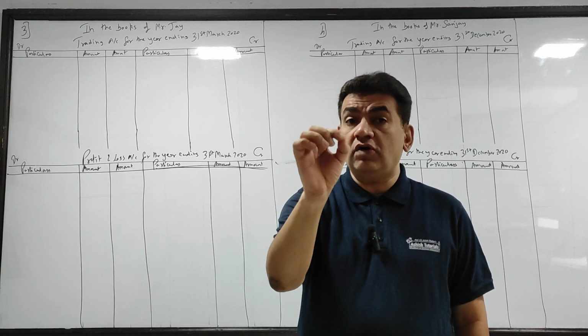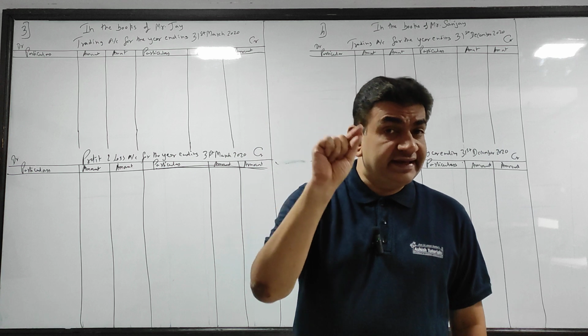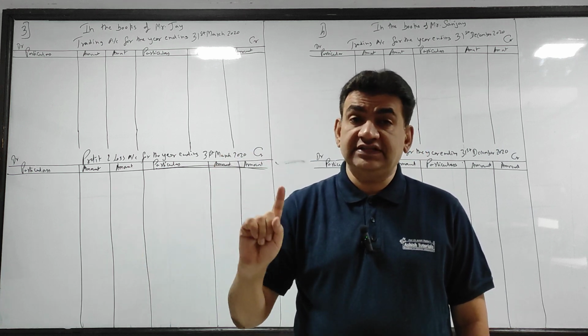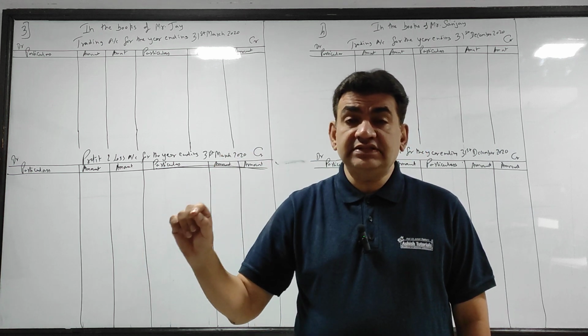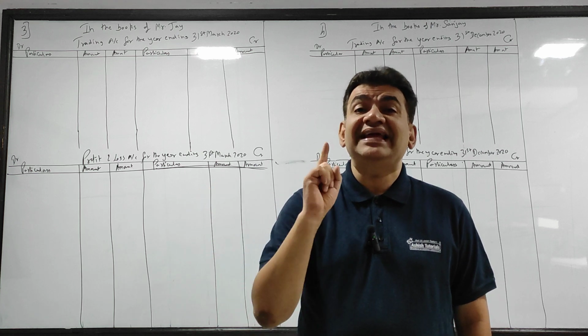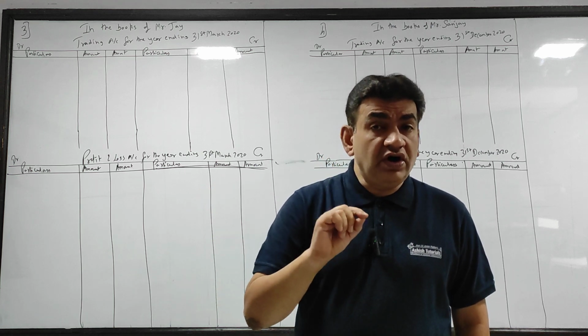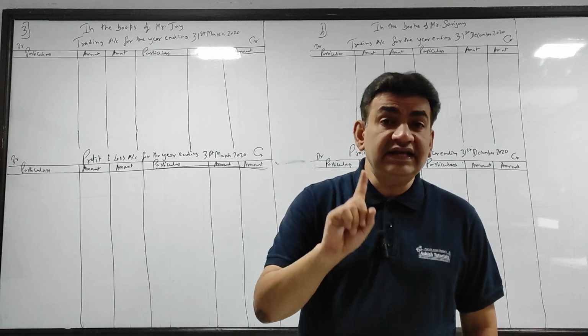Again, a very important commonly asked objective question in SYJC as well as FYJC. All indirect expenses are debited to profit and loss account. All direct expenses are debited to trading account.